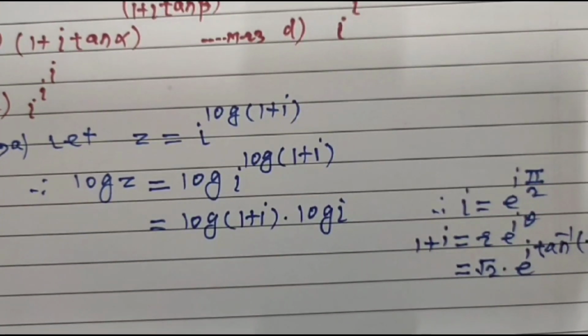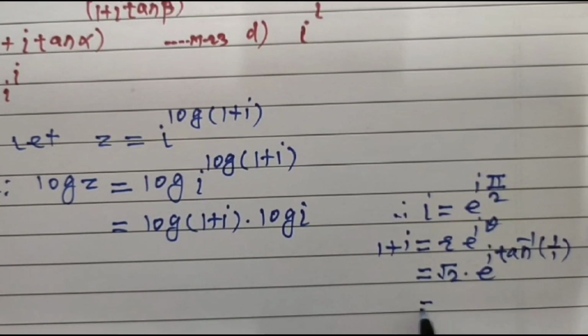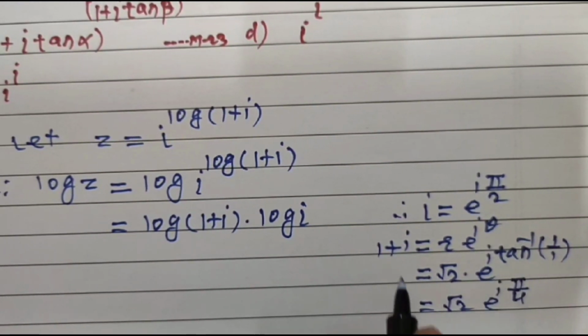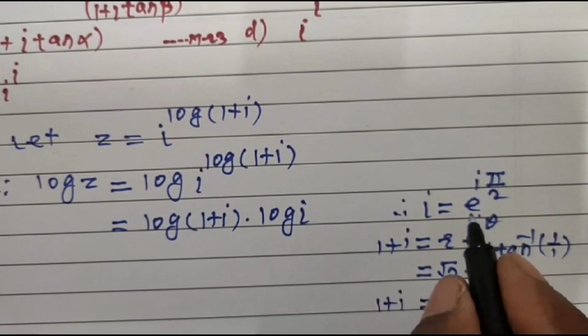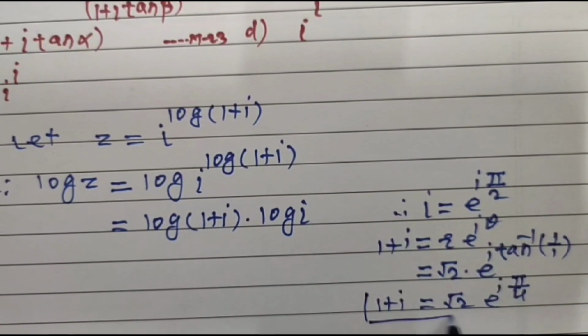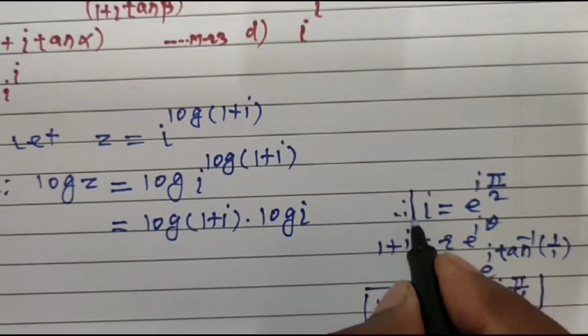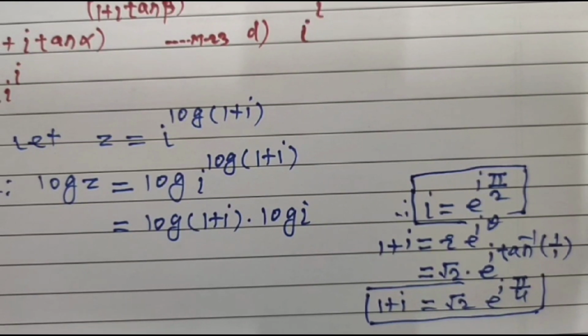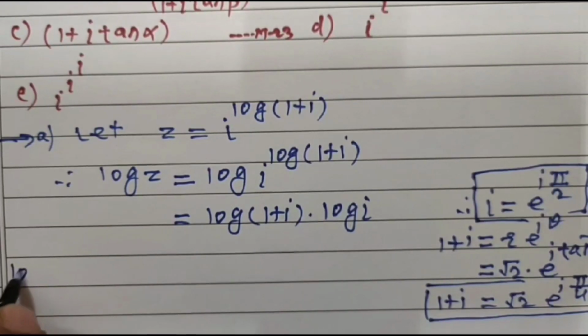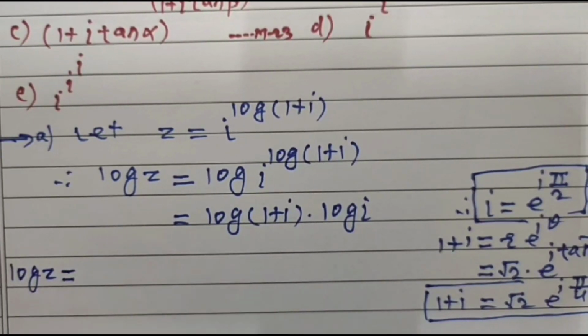Tan inverse 1 is pi by 4. Hence this is equal to root 2 e to the power i pi by 4. This is 1 plus i, and i is equal to e to the power i pi by 2. We have to put these two values here. Hence log z is equal to log of 1 plus i.